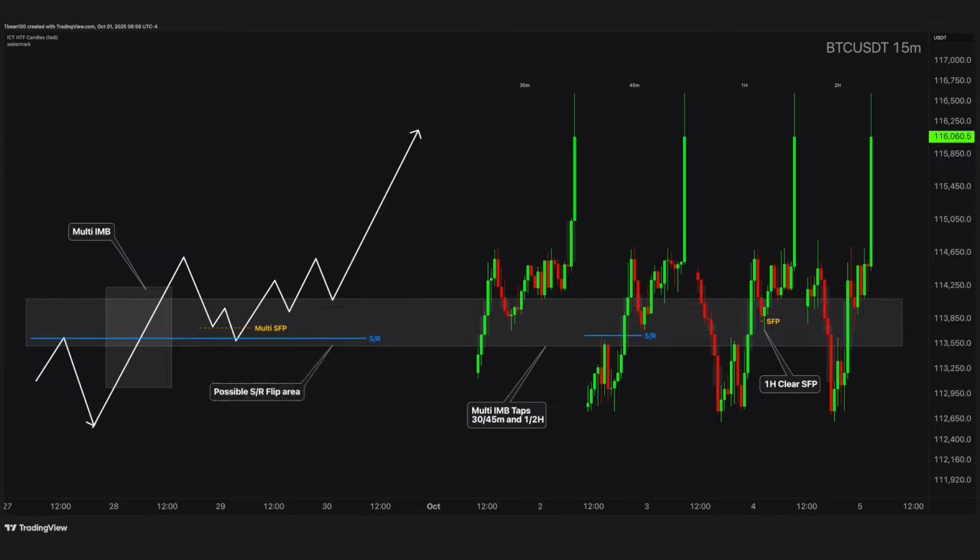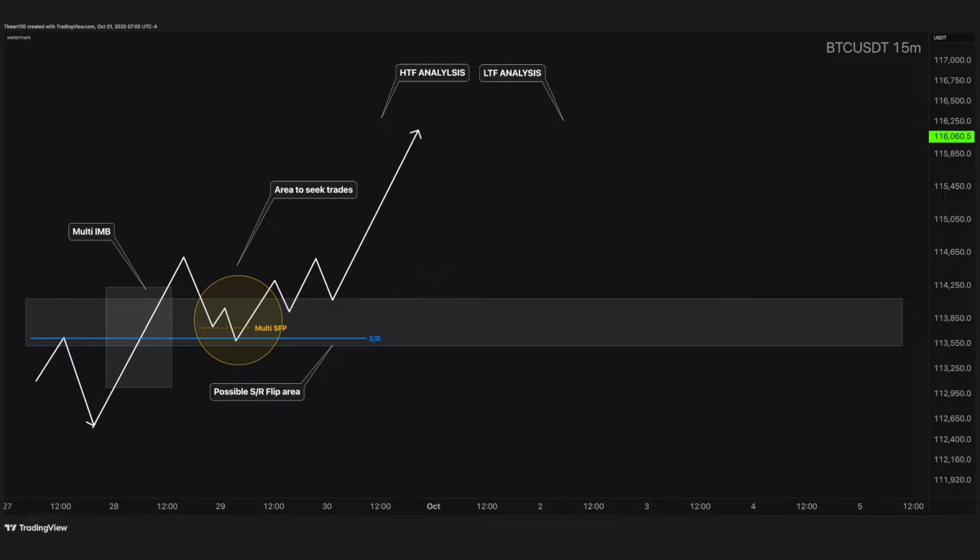Again, we have 3 solid price action signals coming together in one single area. That gives us a really nice trade zone where we can start to look for opportunities on the lower time frames. Alright, so that covers the higher time frame analysis.